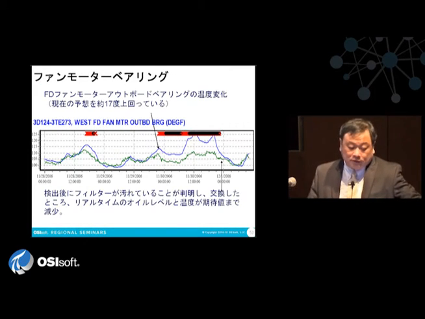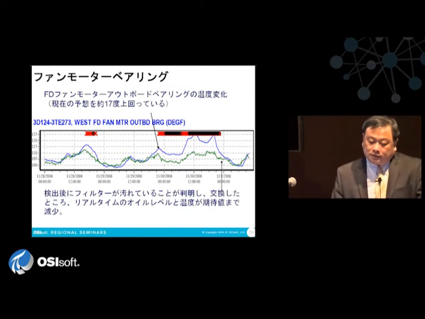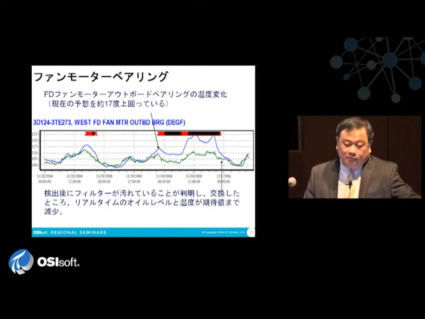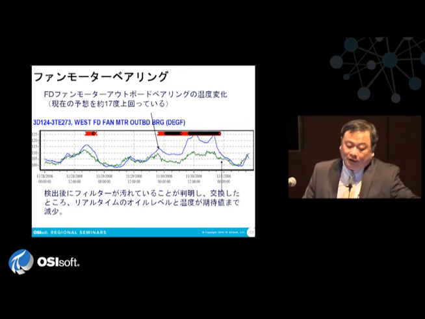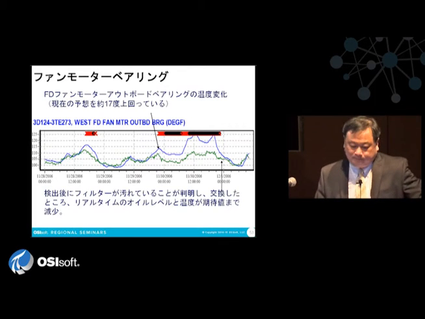So let's look at this one. We use a term called a catch, when the system successfully detects and provides early warning of an impending issue. Here's an example of a catch on an FD fan bearing.